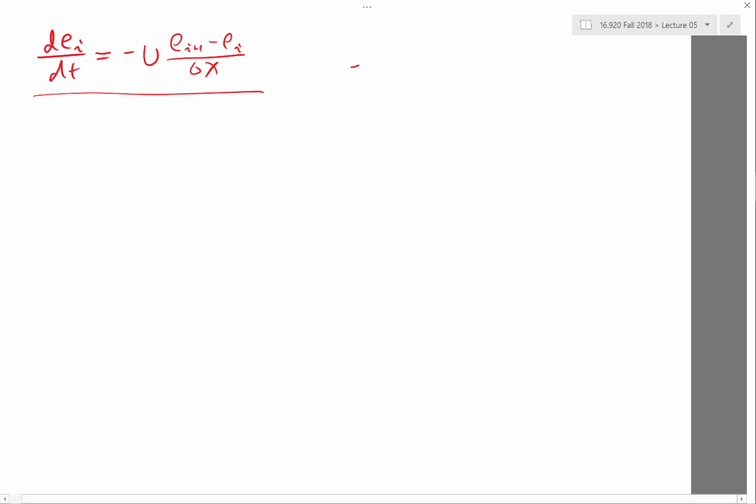So if E_i is going to be equal to, okay, we are going to say A as a function of t, a_k times e to the j k 2 pi times i delta x. Okay, so that's our one term in a Fourier expansion.